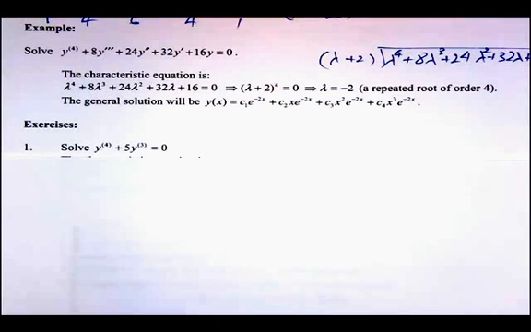Okay, so you should have all the lambdas by now. It's that easy. But of course there's this problem of repeated roots. How are you going to deal with those repeated roots?